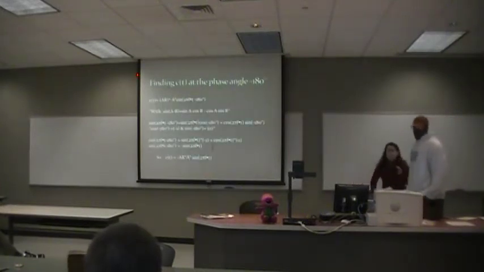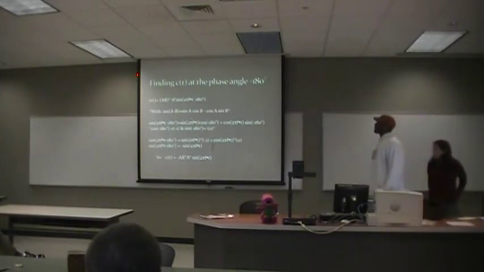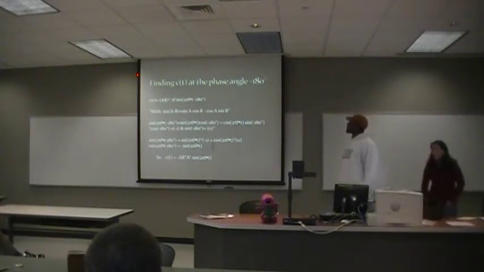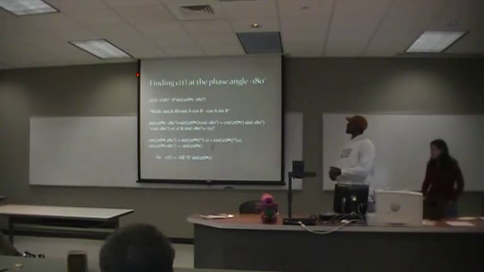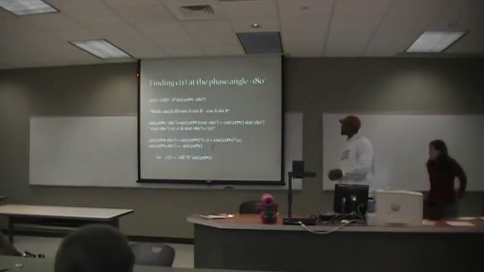And to find what happens at the output when the phase angle reaches minus 180, as you can see, the formula for the output is amplitude ratio times A sine of 2 pi f t minus 180 degrees.